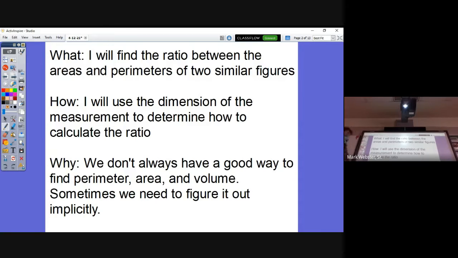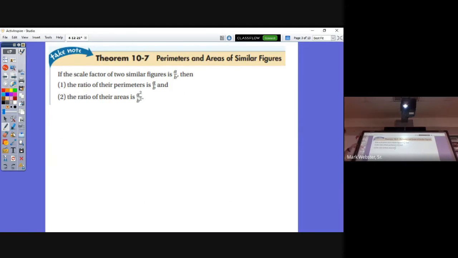This is something that I do want you to know, because this is important: if you know the scaling factor of two similar figures, then the ratio of the perimeters of those two similar figures is the same as the scaling factor, okay?